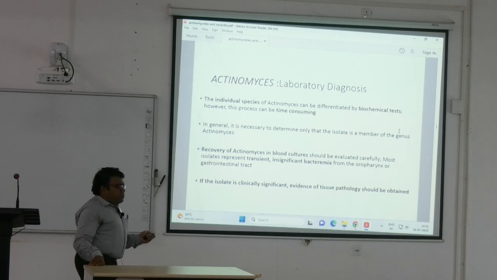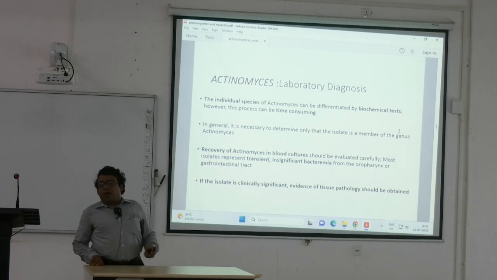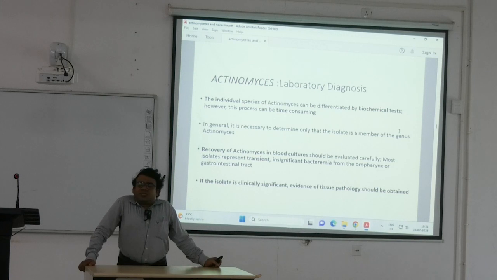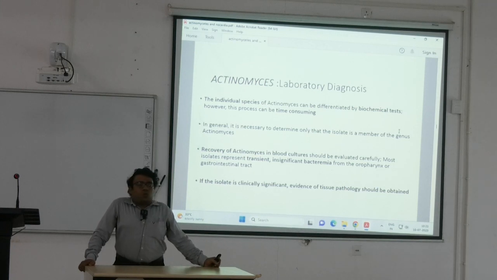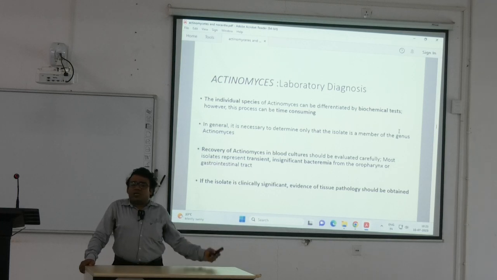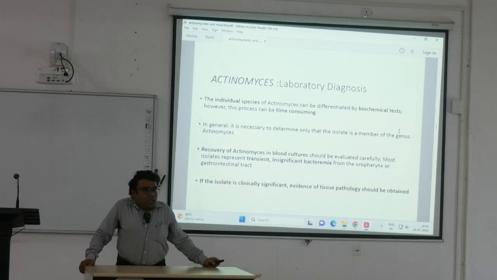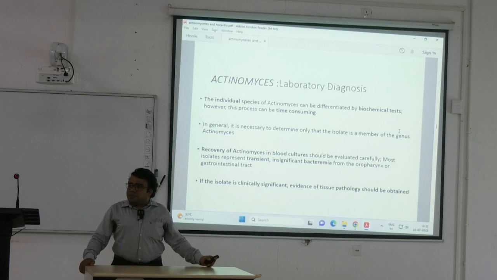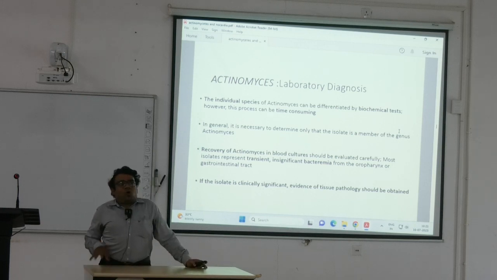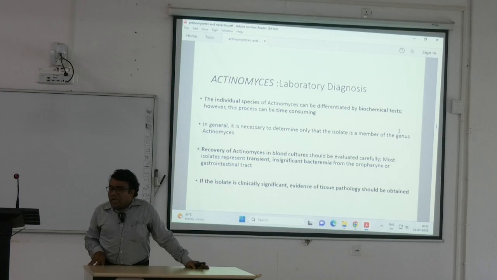Finally, sometimes in the laboratory, a patient with a febrile illness whose blood sample has been submitted for culture, this organism might grow in blood culture. Now, in this context, please remember actinomyces as a cause of sepsis is very difficult to establish because they are part of the oral commensal flora.